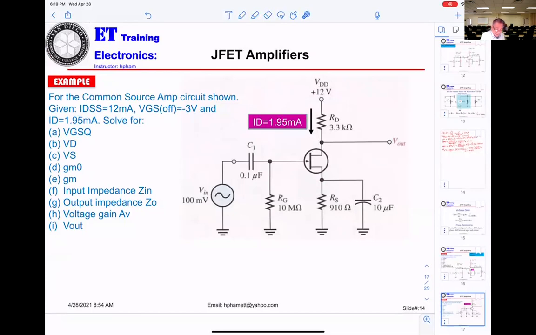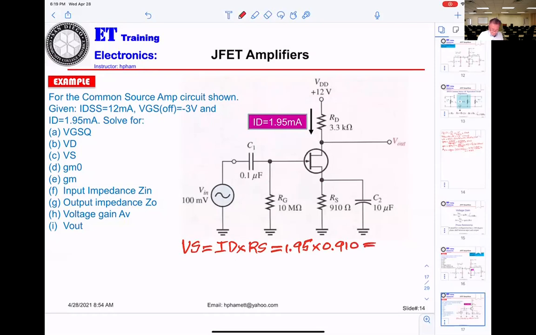Okay, I just make a note here for you guys. You can calculate the VS equal ID. That will be 1.95 times 0.910.